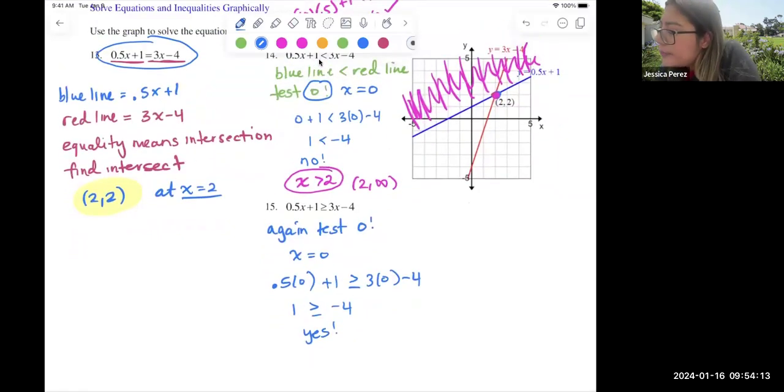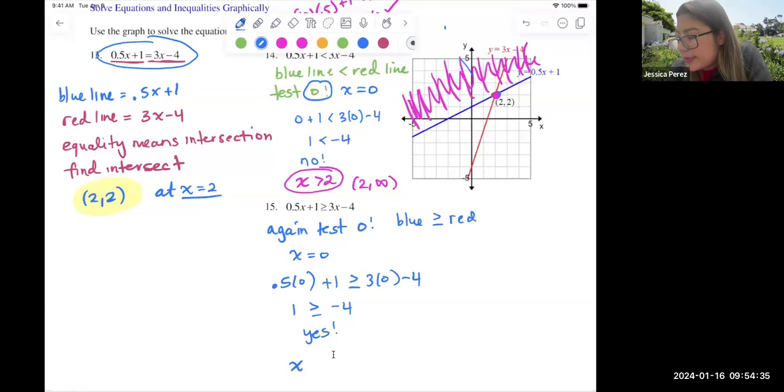So we know that we are going to be graphing or coloring. The blue is going to be greater than or equal to the red when we're shading up here where the 0 is on the red. So it's going to be equal to 2.